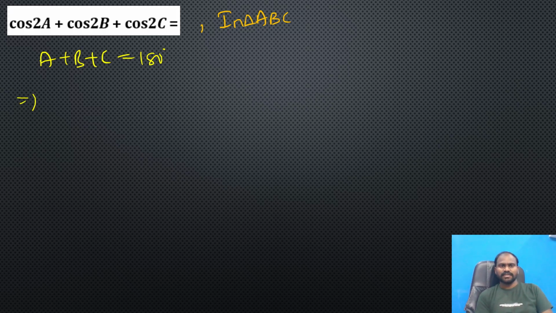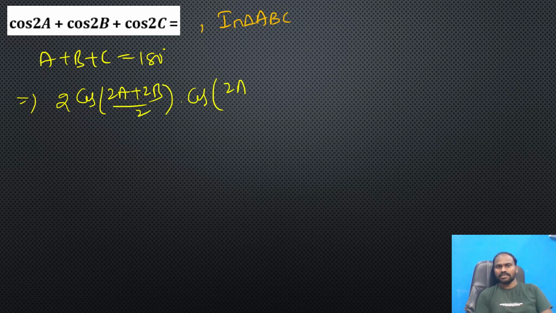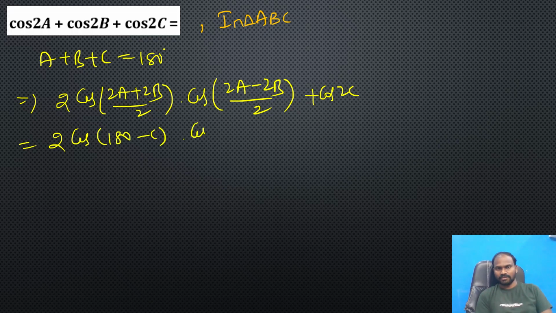So now first if I take the first two terms as cos C plus cos D. What is the formula of cos C plus cos D? 2 cos of C plus D by 2 into cos of C minus D by 2, plus cos 2C. I can take 2 common, and the cos of A plus B can be written as what? cos of 180 minus C into cos of A minus B, plus cos 2C.